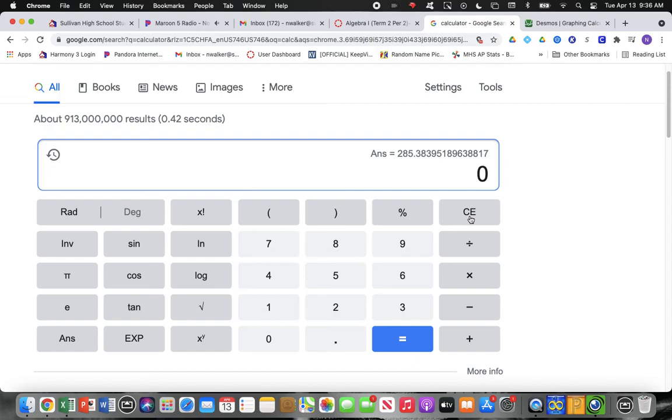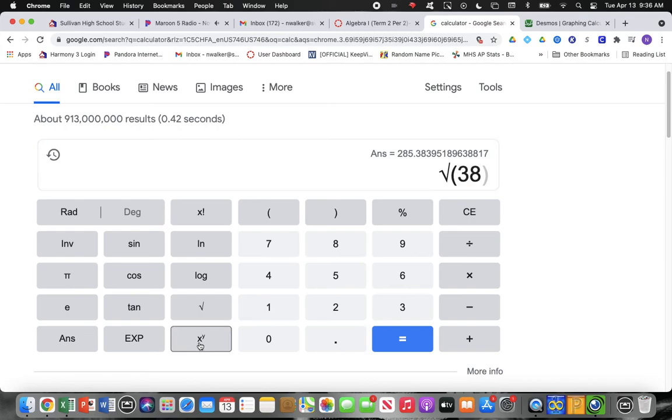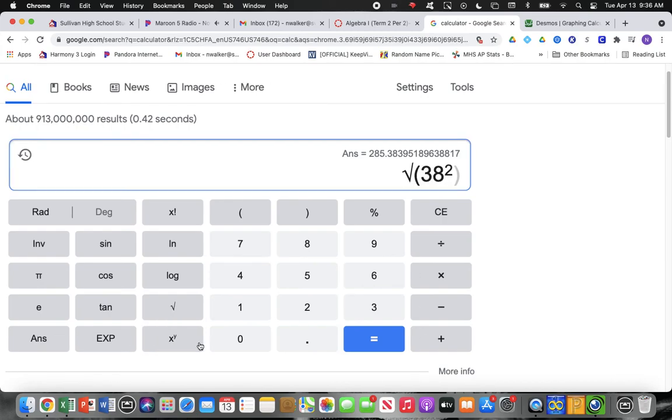Before we simplified this, I do want to show you that you can actually, on your Google calculator, just plug all of this in. 38 squared minus 4 times negative 16 times 1,250.